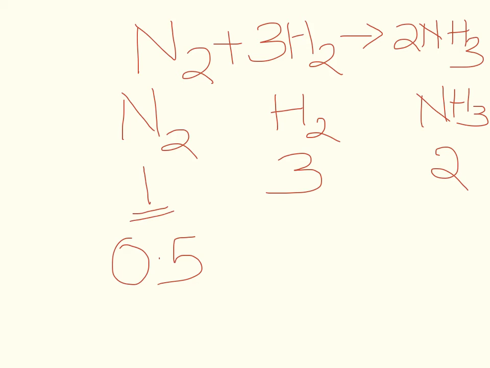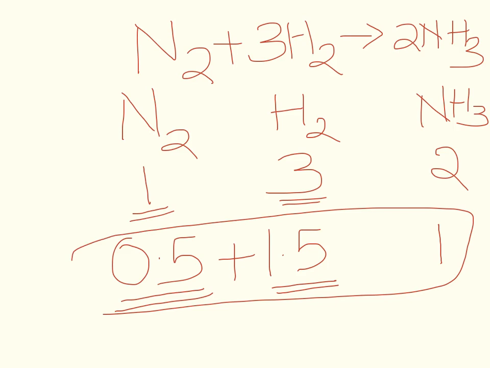It's a 1 to 3 ratio. So if you want all the 0.5 moles of nitrogen to react, then you should have 1.5 moles of hydrogen and they both will react to yield 1 mole of ammonia.